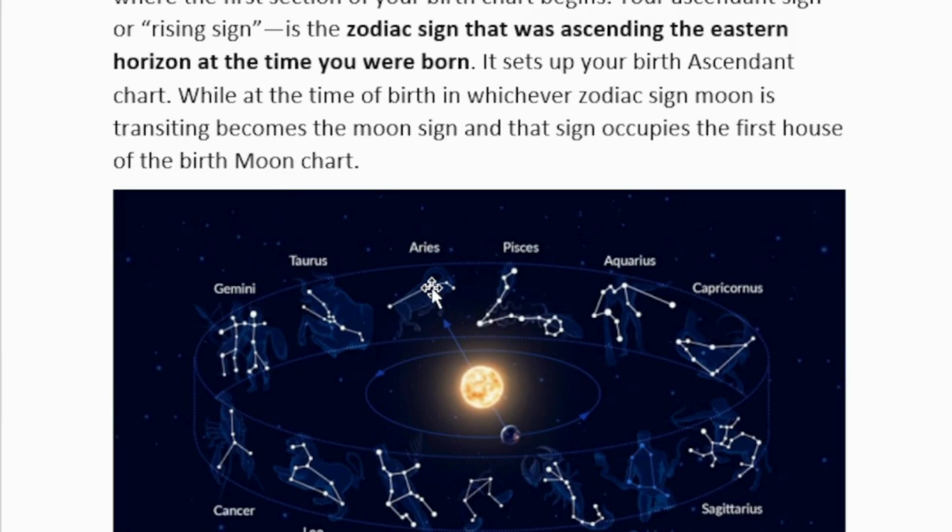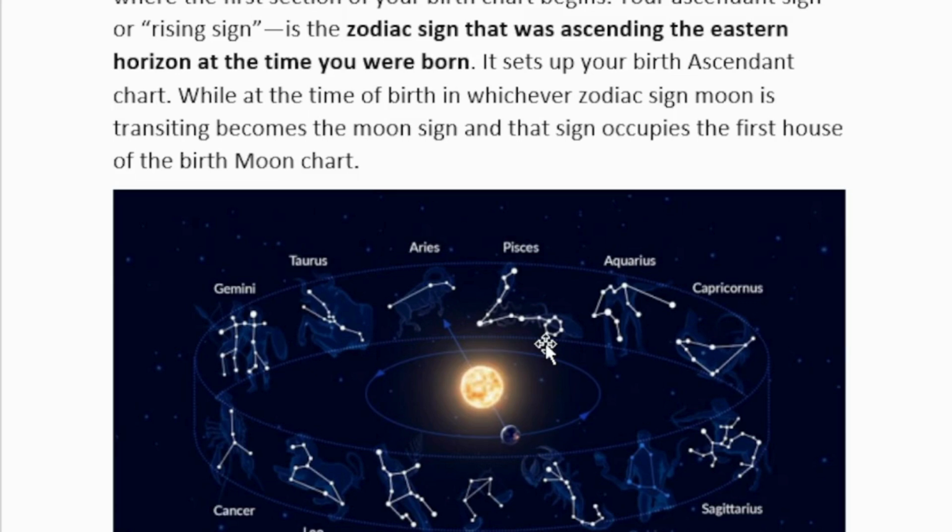That sign becomes the ascendant sign, and the lord of that sign becomes the ascendant lord. For example, as per this chart, if Aries is arising at the eastern horizon of the earth, Aries will occupy the first house of the horoscope.